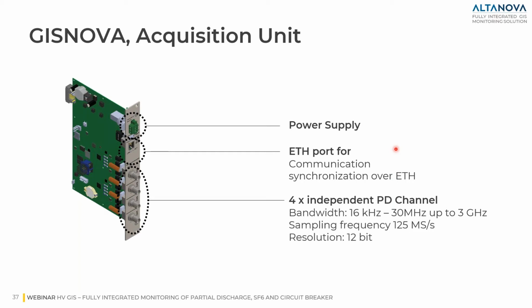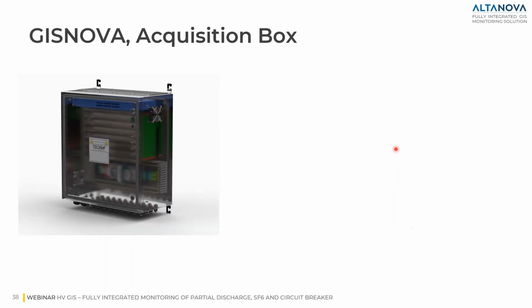These are the common frequencies that are used for GIS detection with antennas. This electronic board has a sampling frequency of 125 megasamples per second and a resolution of 12 bits.